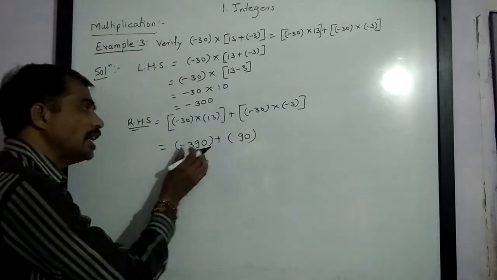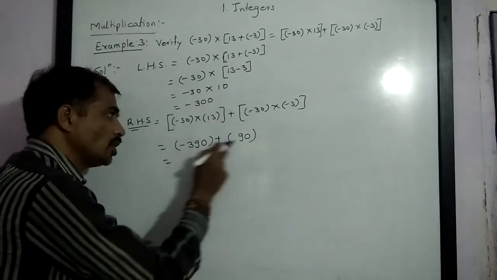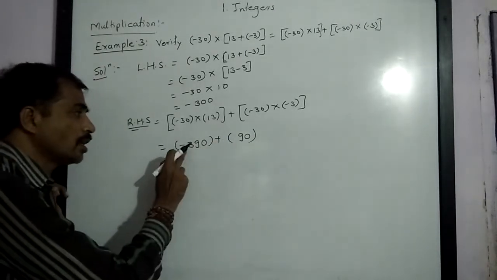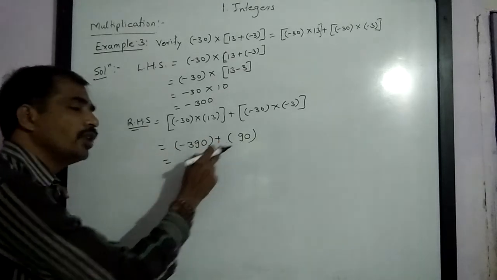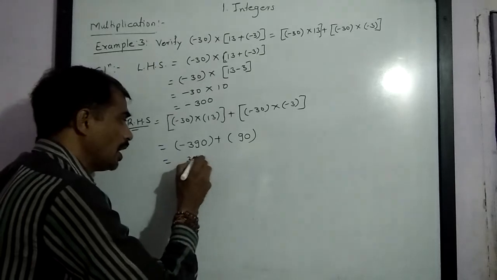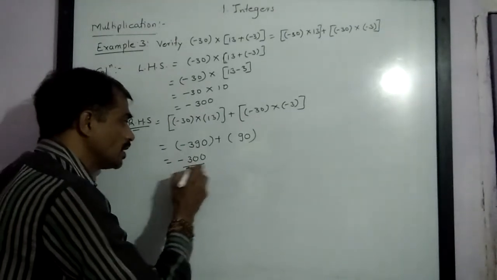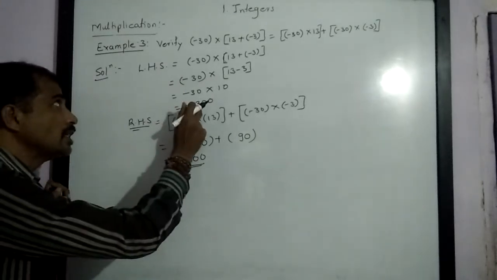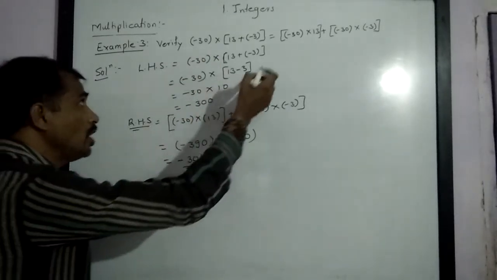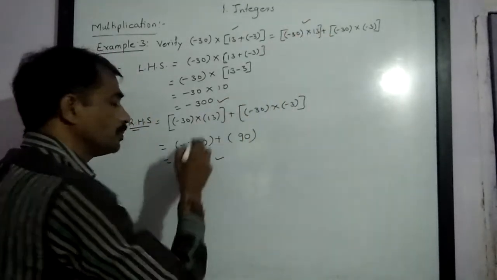Now negative 390 plus 90, they are having opposite signs. Please note this is addition and subtraction. Since the signs are opposite, we do the subtraction. 390 minus 90 is 300 and give the sign of the bigger magnitude integer, that is negative. So the answer is negative 300. So you can understand that whether you solve like this or like this, the answer remains the same.